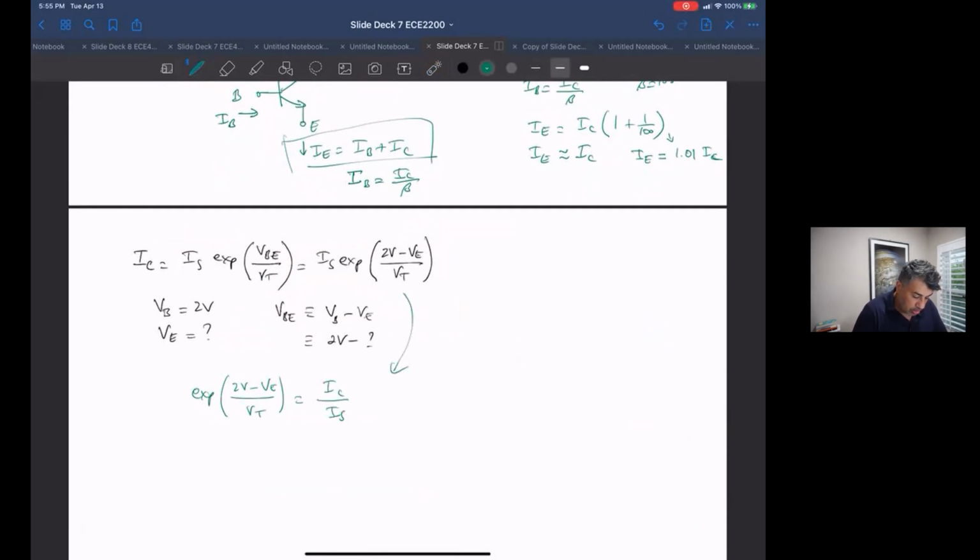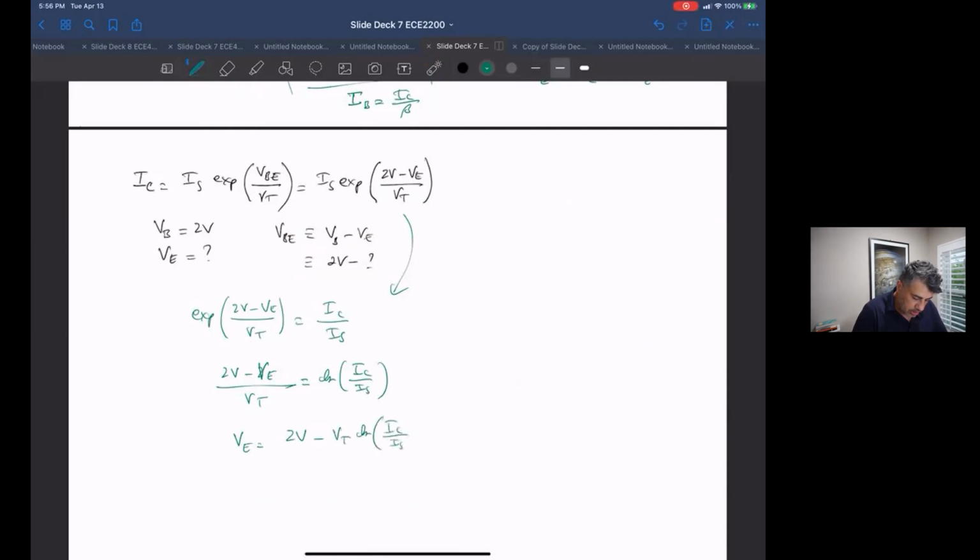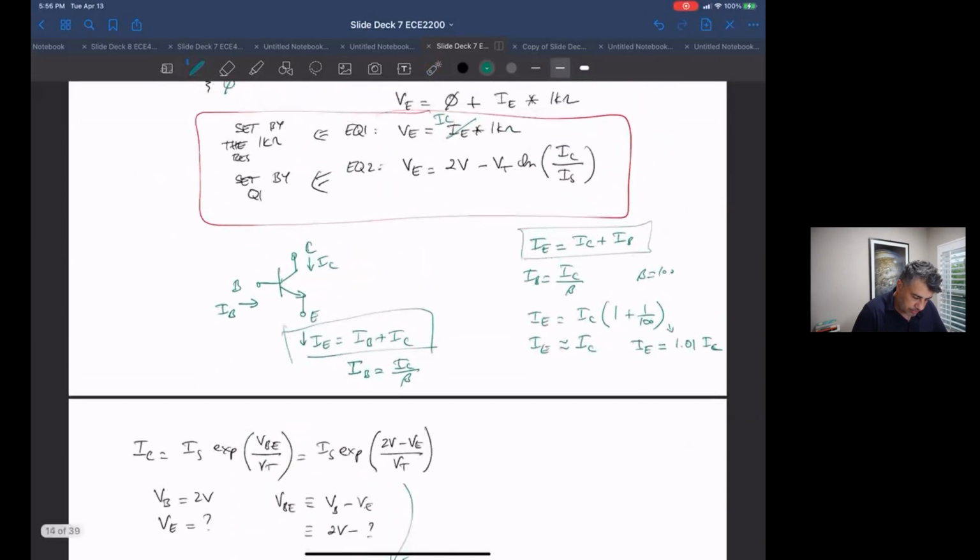Take the natural log of both sides, and I end up with 2 volts minus VE over VT is equal to natural log of IC over IS. And then I move, so VE is 2 volts minus VT natural log of IC over IS. Did I do that right? Yeah.